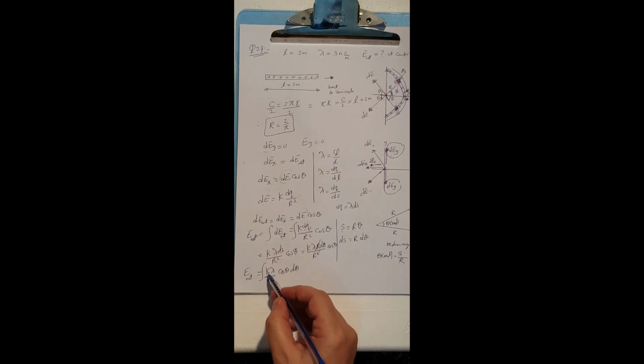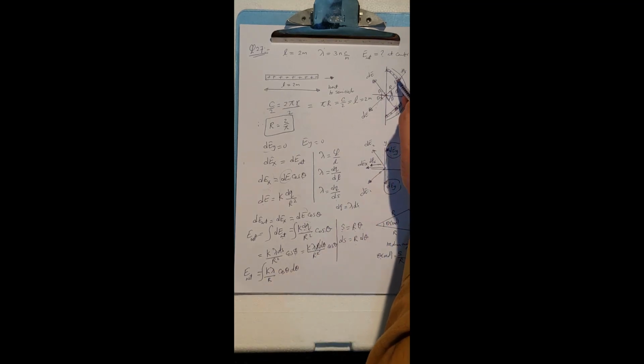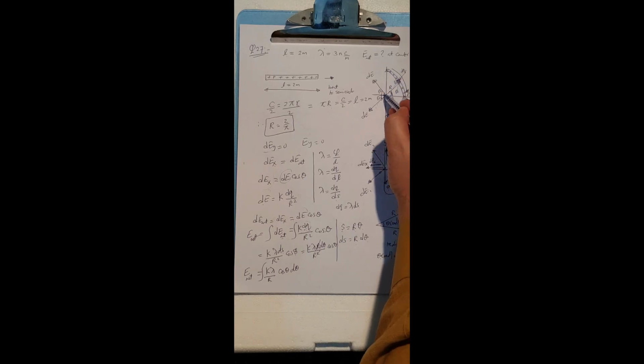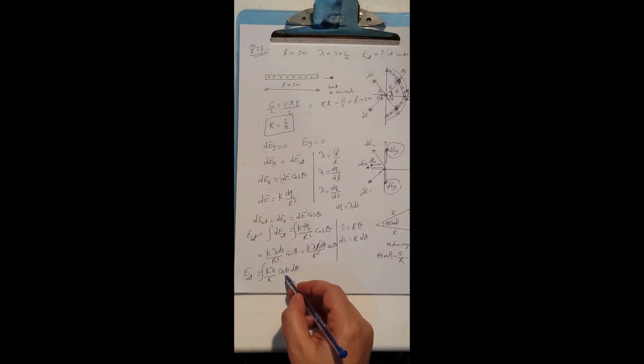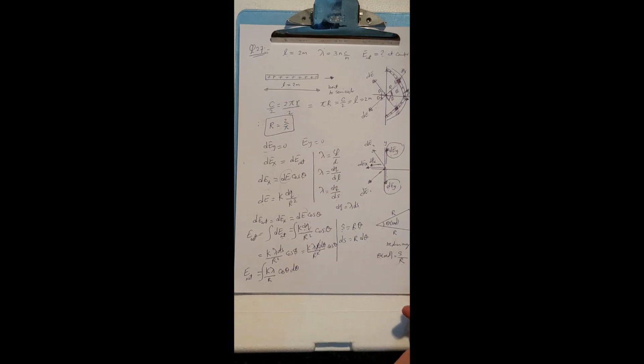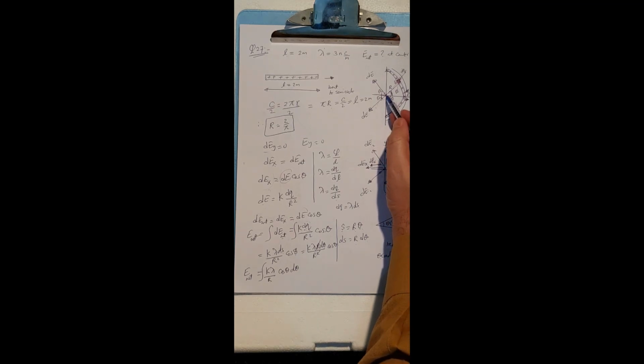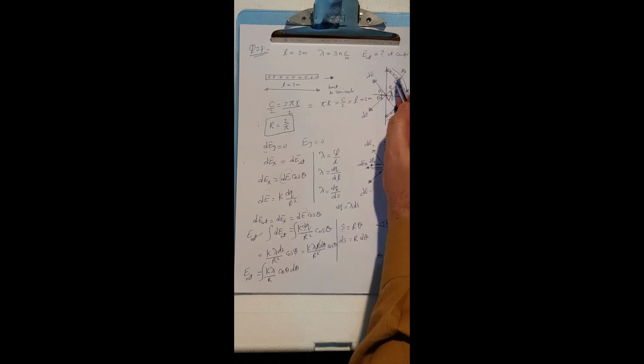Now you can see here k is constant, lambda constant, the radius is constant for any element, the distance is the same to the center, so the only variable is theta, which means we have to integrate this one. Now when you integrate theta, what is the smallest theta we have? This element starts here, so the smallest is minus 90 and the largest is plus 90. Your angle changes from here to there.